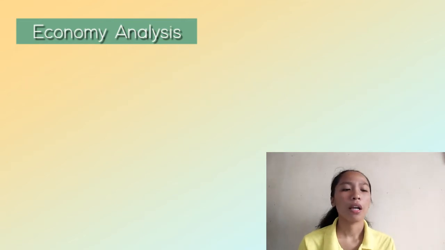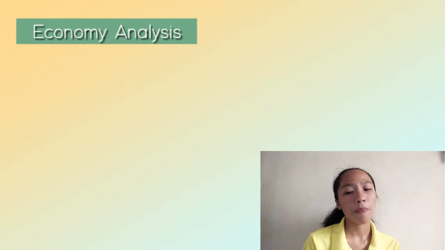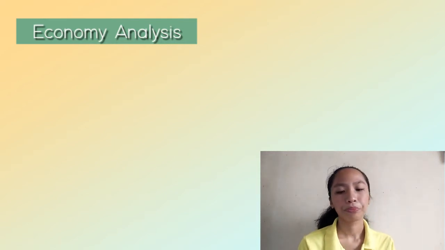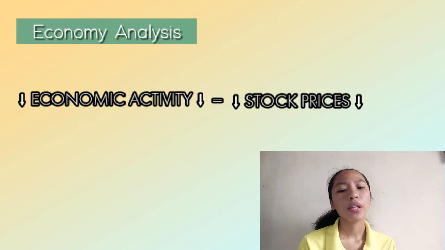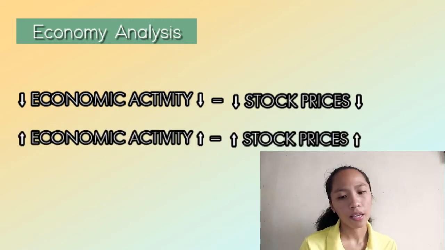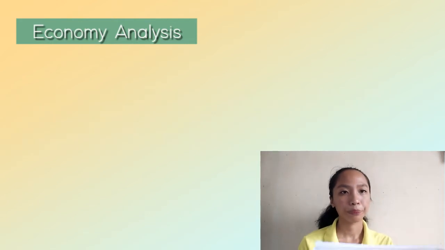The level of economic activity has an impact on investment in many ways. If the economy grows rapidly, the industry can also be expected to show rapid growth and vice versa. When the level of economic activity is low, stock prices are low. And when the level of economic activity is high, stock prices are high, reflecting the prosperous outlook for sales and profits of the firms.